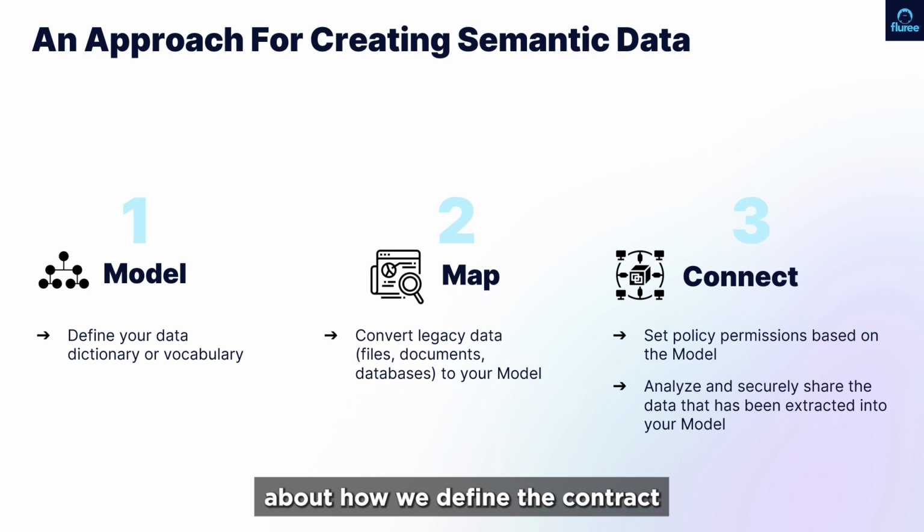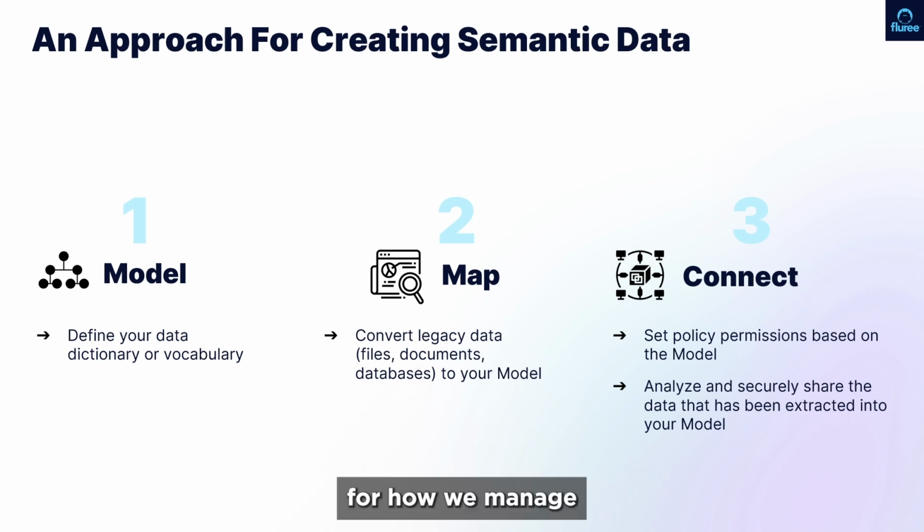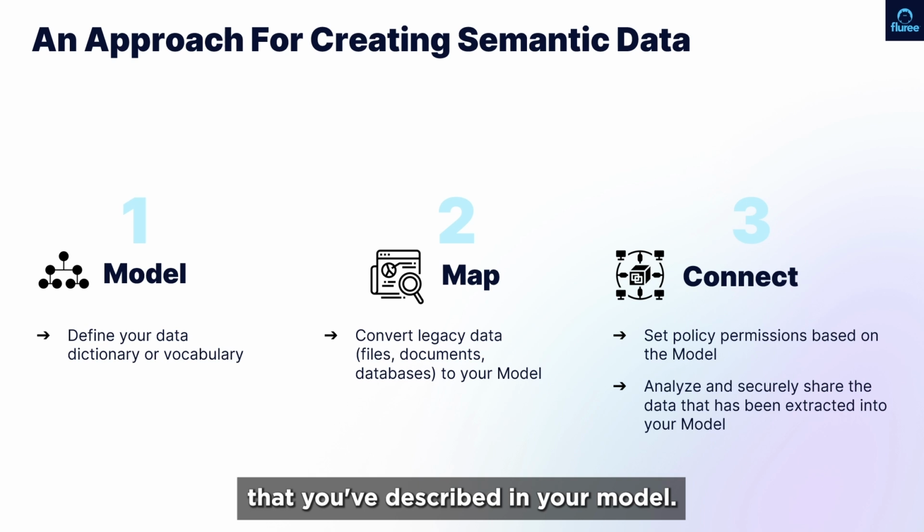The beautiful thing about how we define the contract for managing who's allowed to access or view data once we've connected it is that it's all based on the properties that you've described in your model.